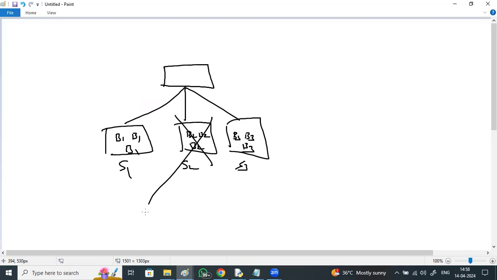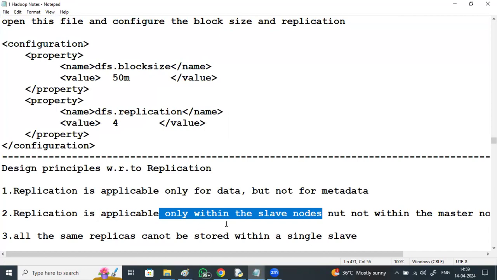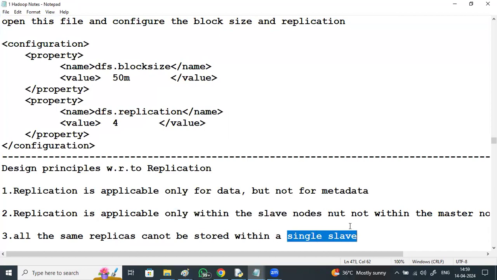So there is a loss in B2 data. So all the same replicas cannot be within the same single slave.